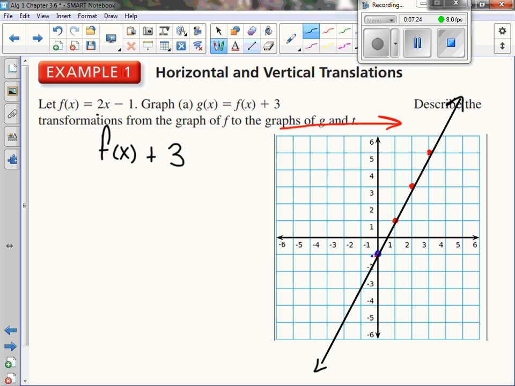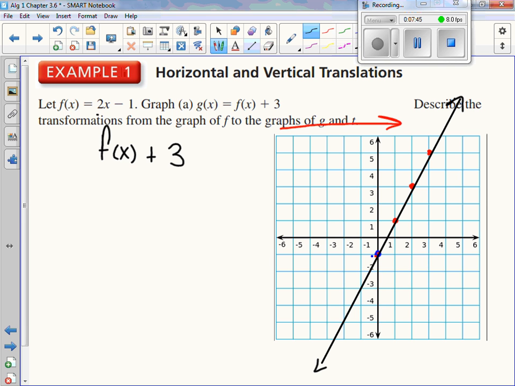So which one, vertical or horizontal, added a value to the outside? Vertical, because it's f of x plus k.